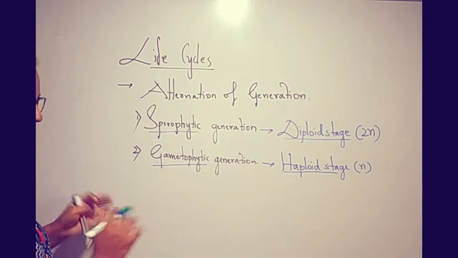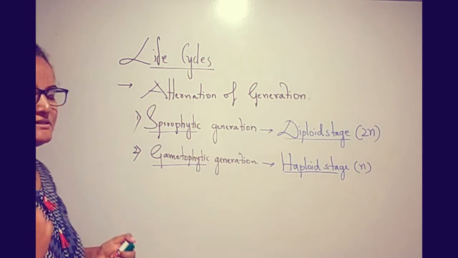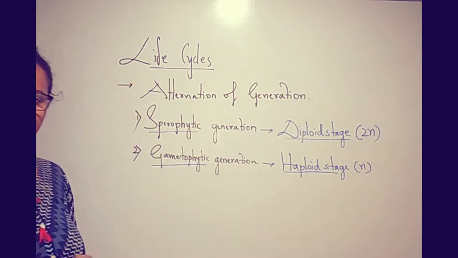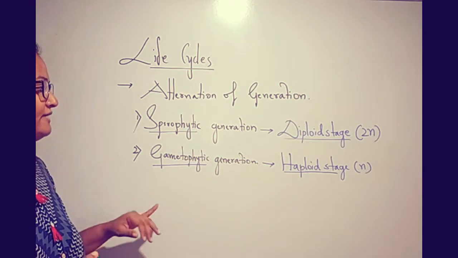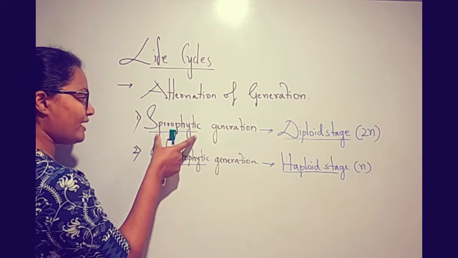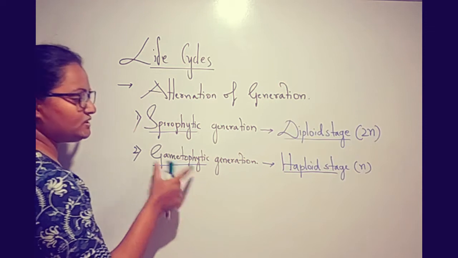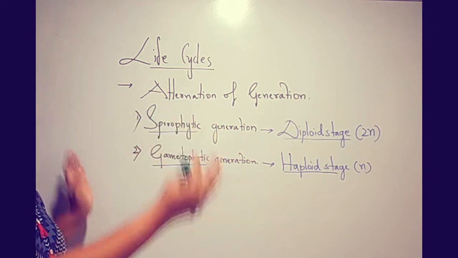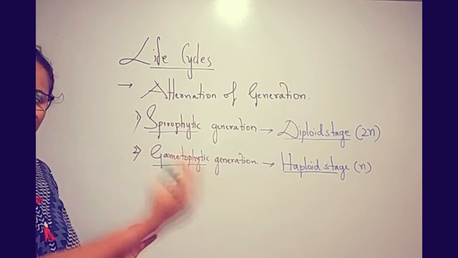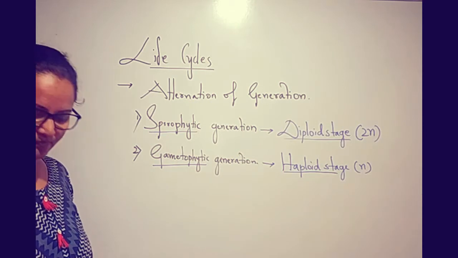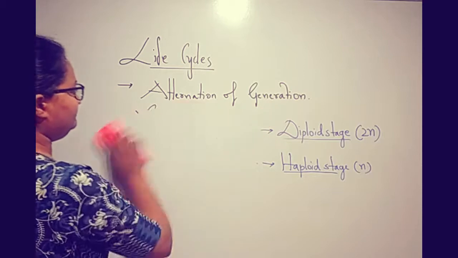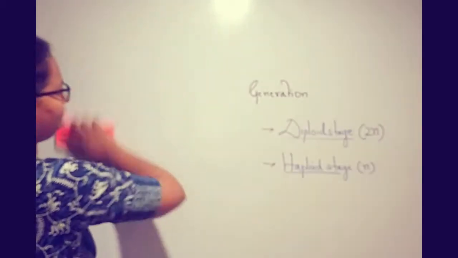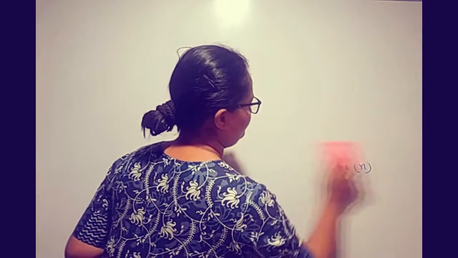Before starting, there are actually three types of life cycle. Before the three types of life cycle, we'll understand what a sporophytic and gametophytic generation is, using a simple life cycle common to all three.